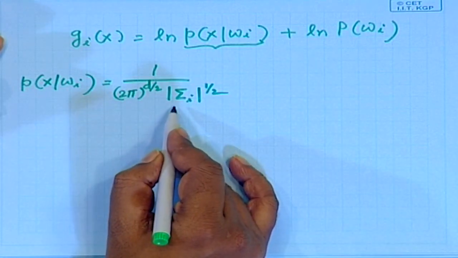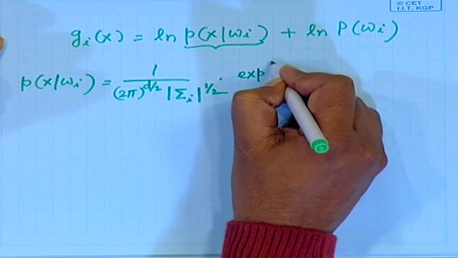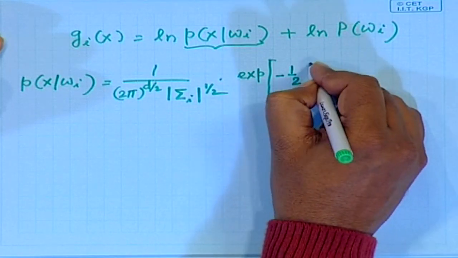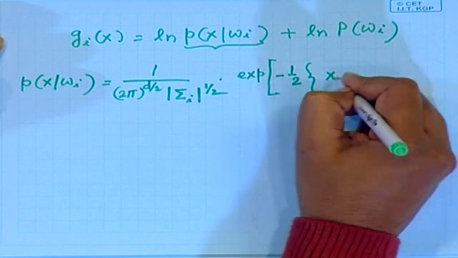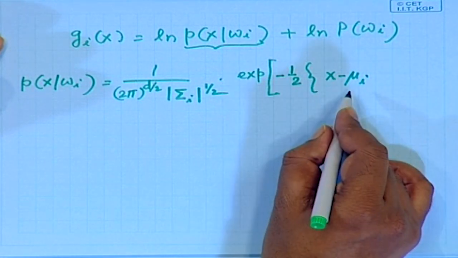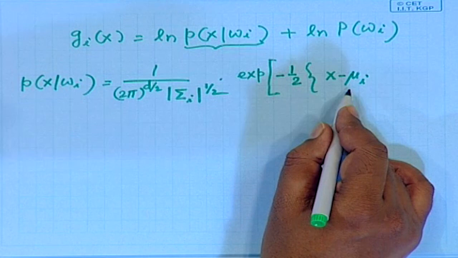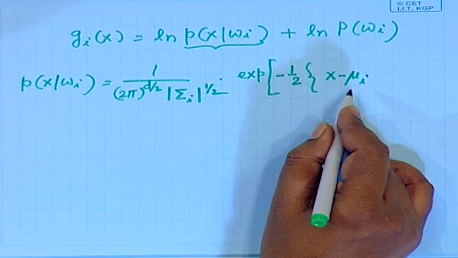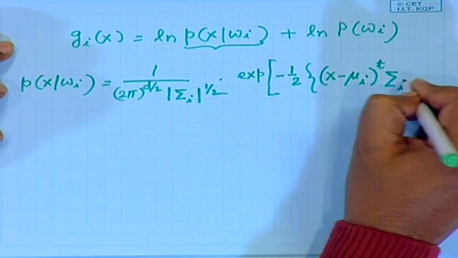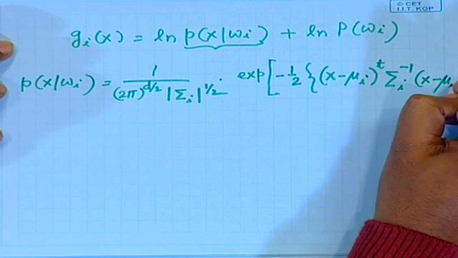You find that sigma has been replaced by sigma_i, into exponential minus half (x minus mu_i) transpose sigma_i inverse (x minus mu_i). Here mu_i is not the ith component of mu; rather, this is the mean vector of class omega i.